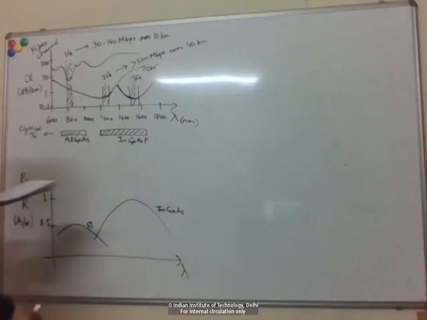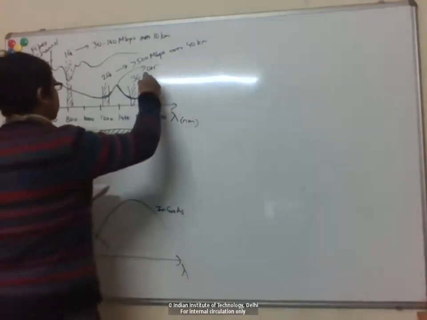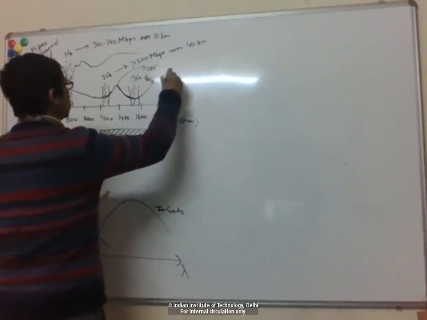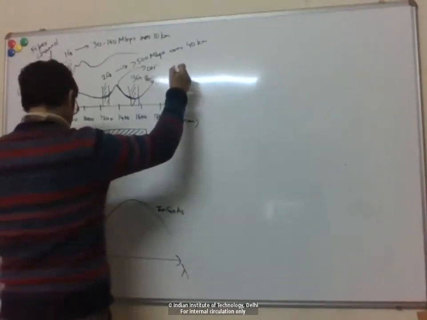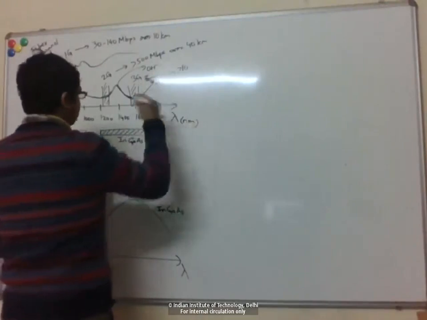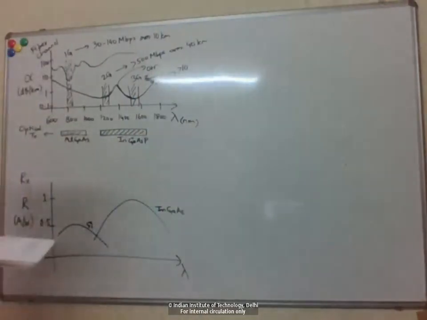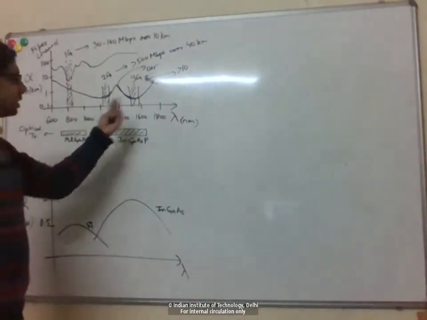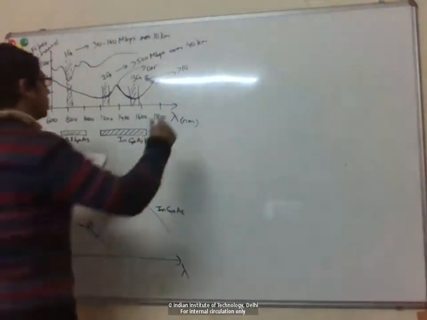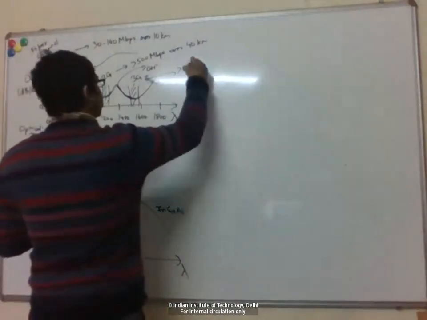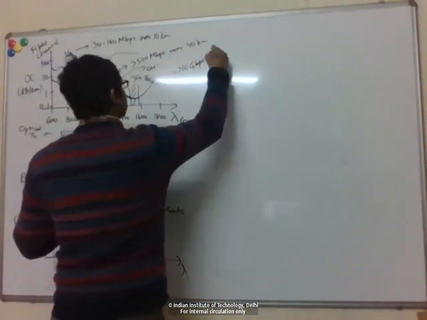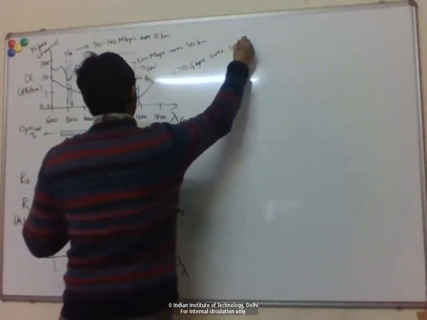So this improvement in loss was a big enough gain that people went to this new wavelength of 1550, which is now, in current times also, the most widely used wavelength range. So then people were able to enhance data rates to beyond like 10 Gbps over now hundreds of kilometers.